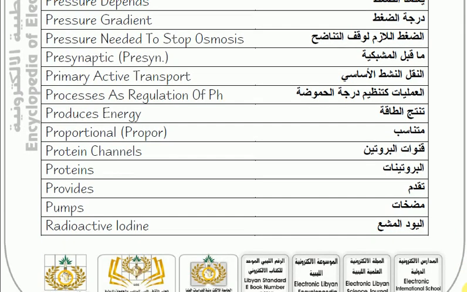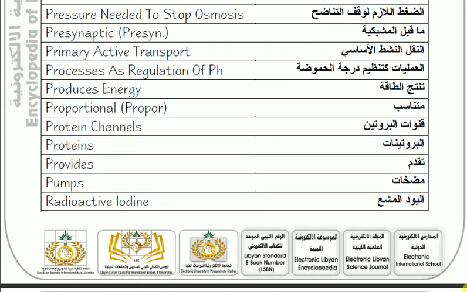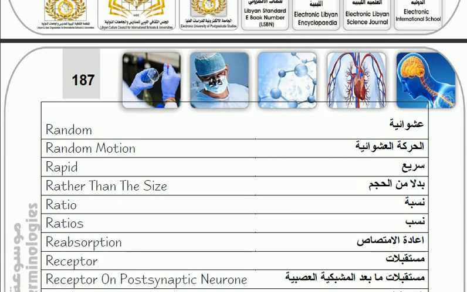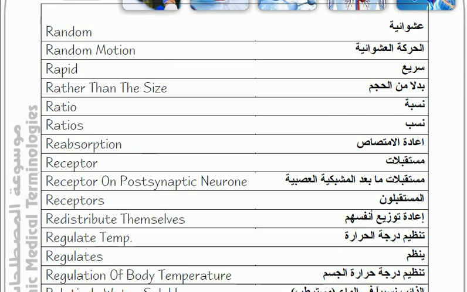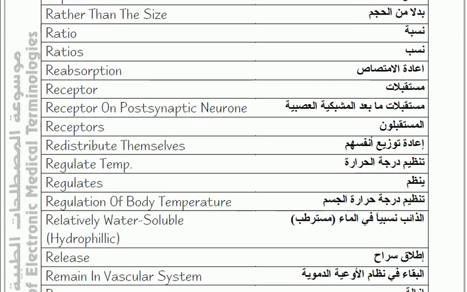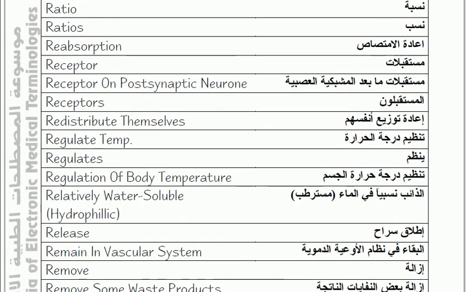Presynaptic, presyn. Primary active transport. Processes as regulation of pH. Produces energy. Proportional. Protein channels. Proteins. Provides. Pumps. Radioactive iodine. Random. Random motion. Rapid. Rather than the size. Ratio. Ratios. Reabsorption. Receptor.